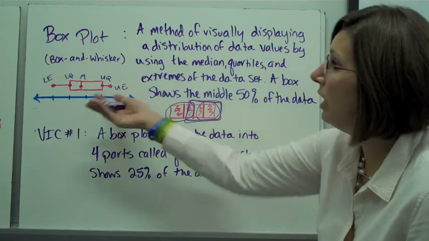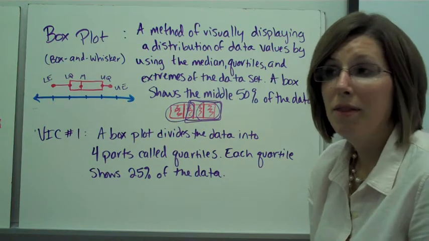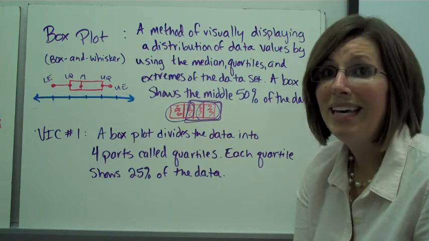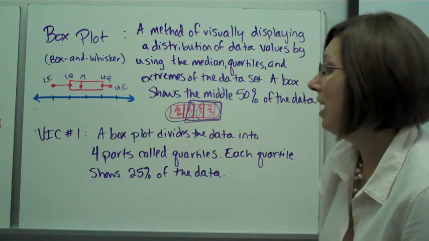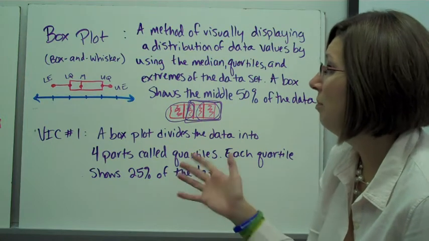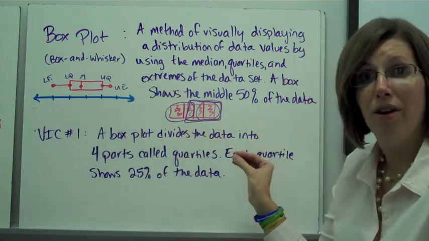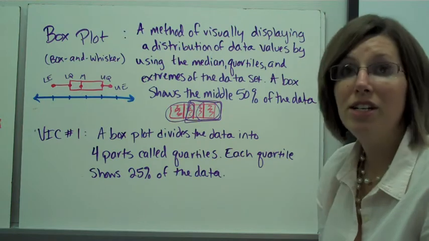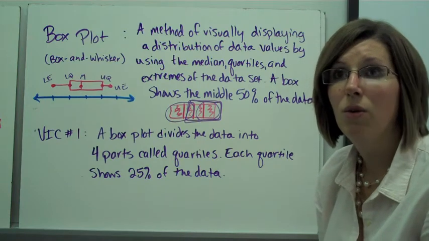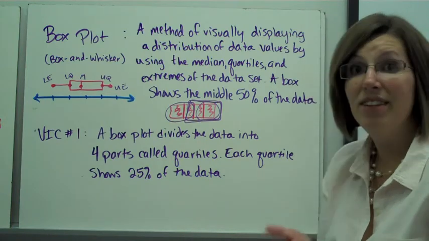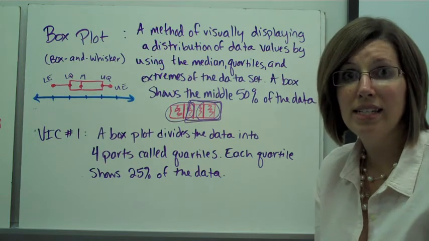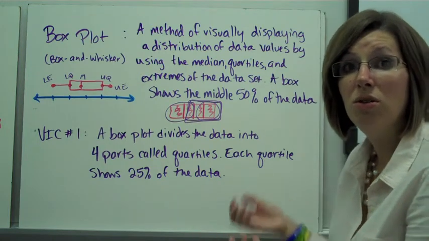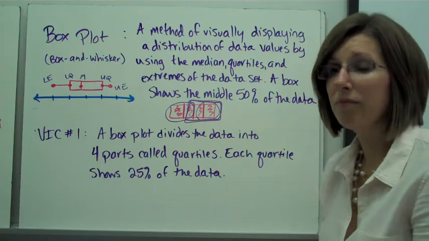Now, when we look at a box plot, the box plots do not need to be evenly distributed. They can be pulled one way or the other. That information is very important in telling you how evenly distributed your data is, or if it's skewed one way or the other.